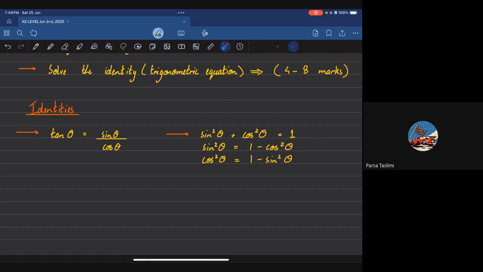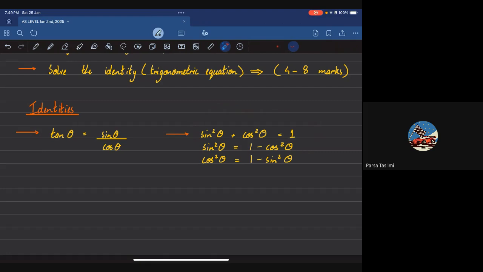It is not different. Is this clear, guys? You need to keep this in mind that your sine theta over your cos theta is actually equal to your tan theta.